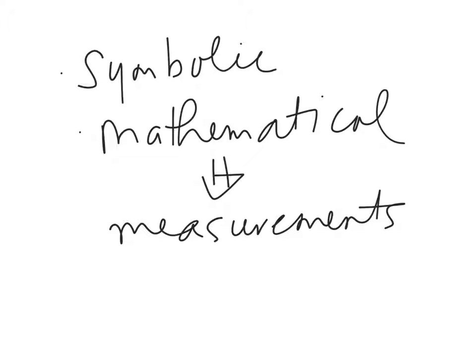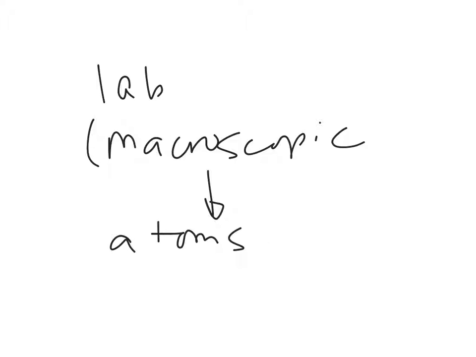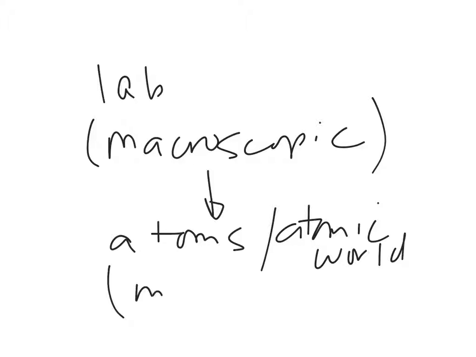So in order to study all the different parts of matter, because remember, that's what chemists do, we need to try and connect observations that we make in the lab, which is the macroscopic world. We have to connect those measurements to what's going on with the atoms or in the atomic world. So that's at the microscopic level, and quite frankly, even smaller.